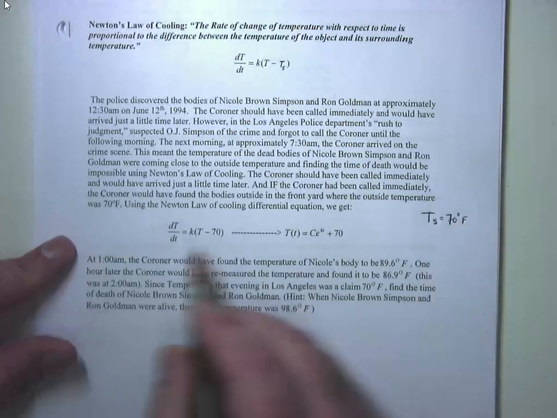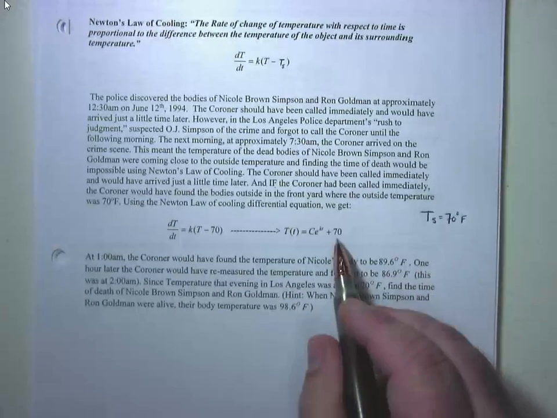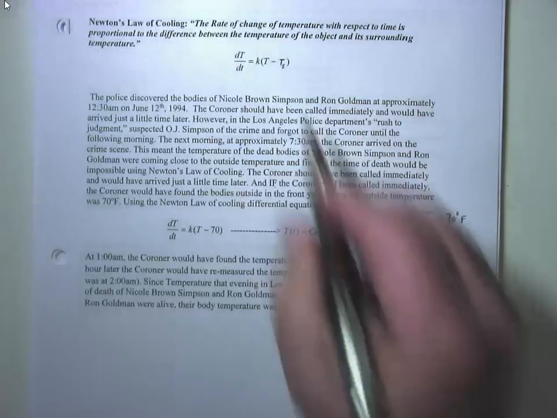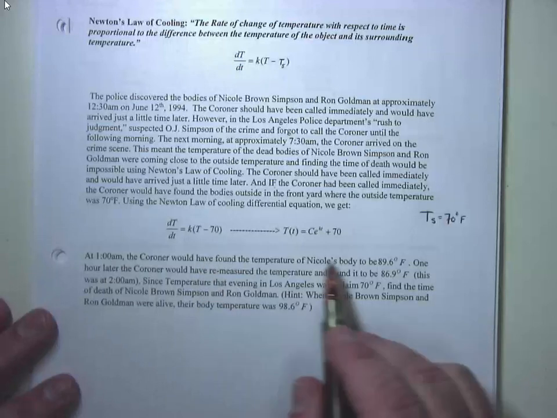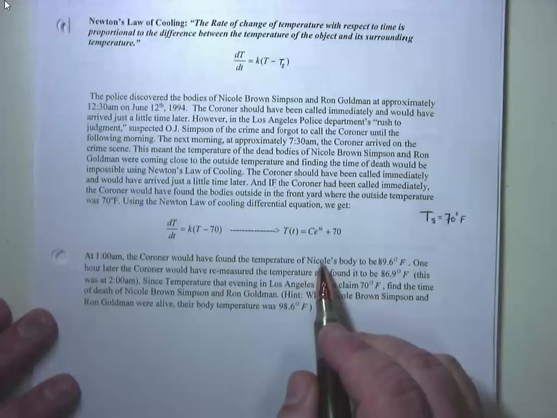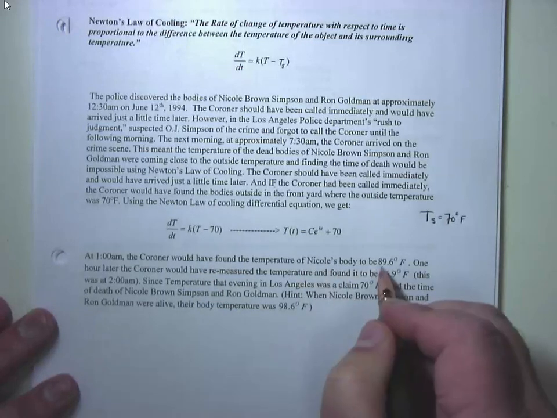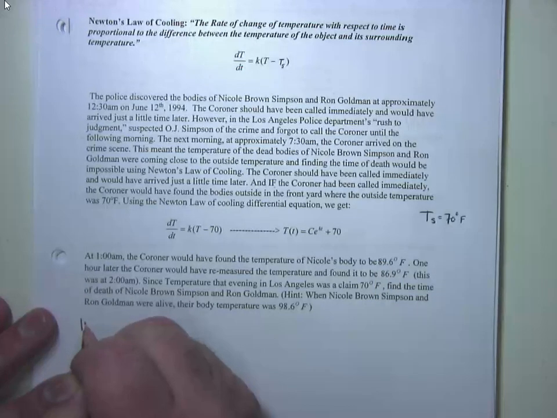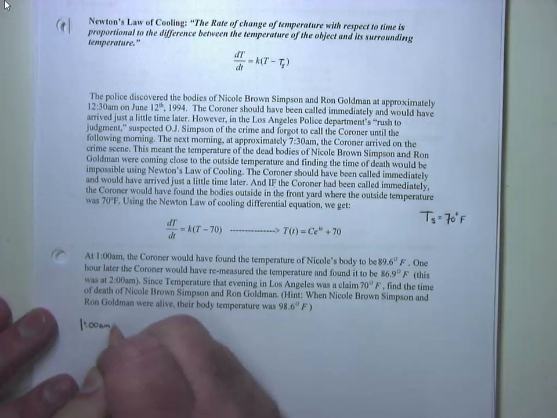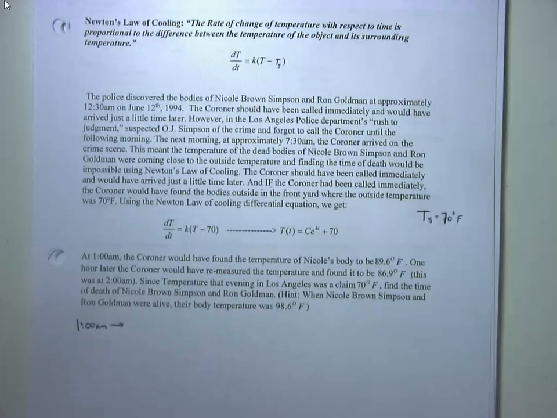Here's my Newton's law of cooling problem, and there's my 70 degrees Fahrenheit going into my formula. At 1 a.m., the coroner would have found the temperature of Nicole's body to be 98.6. Now, this is going to be the math. So I'm trying to give you guys information. Right at 1 a.m., just to make the math easy for you, that's when the coroner first took the body temperature.